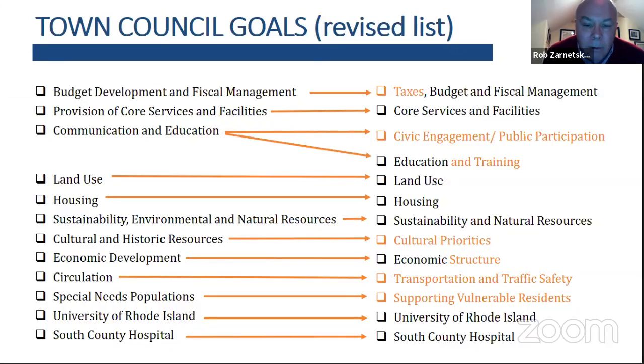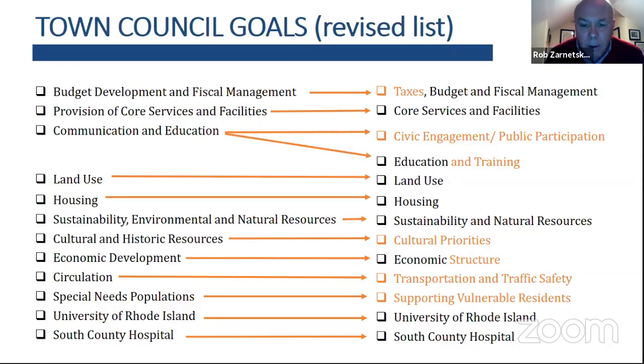We do not allow it. It's not allowed in the zone that surrounds URI. If we're going to change the way we do our economic structure, or if we have priorities around economic structuring that are in conflict with our current policies, that's, I would suggest, low-hanging fruit, but it's something we need to address. Circulation, I think, is really just transportation and traffic safety.